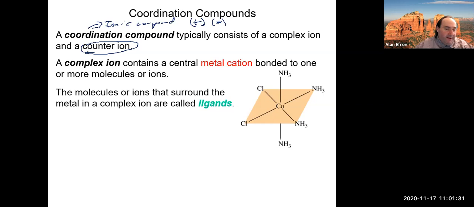Similar to ionic compounds, in coordination compounds the complex ion and the counter ion can each be either positive or negative. We could have a positive complex ion and a negative counter ion, or vice versa. We could have a negative complex ion and a positive counter ion.